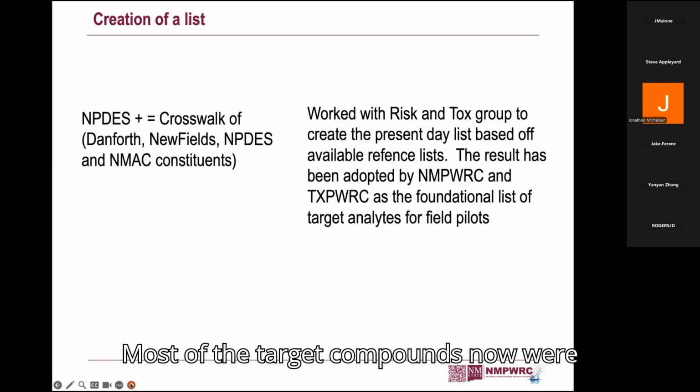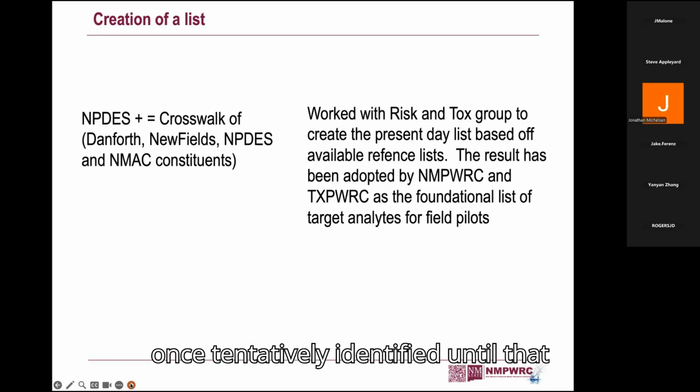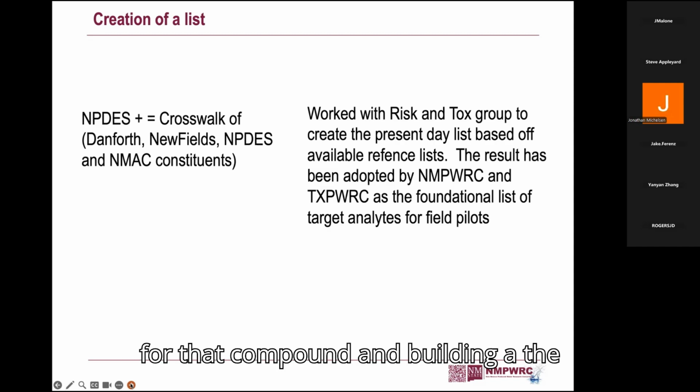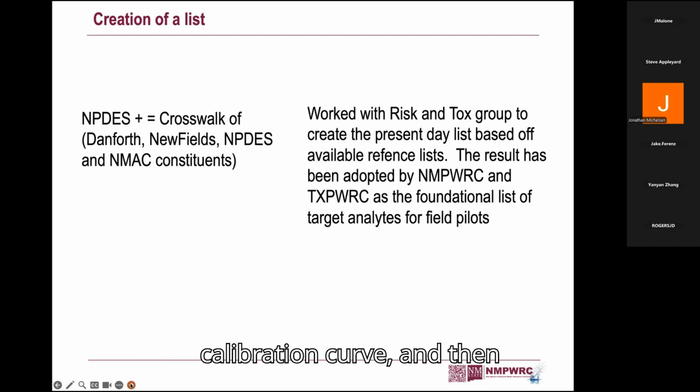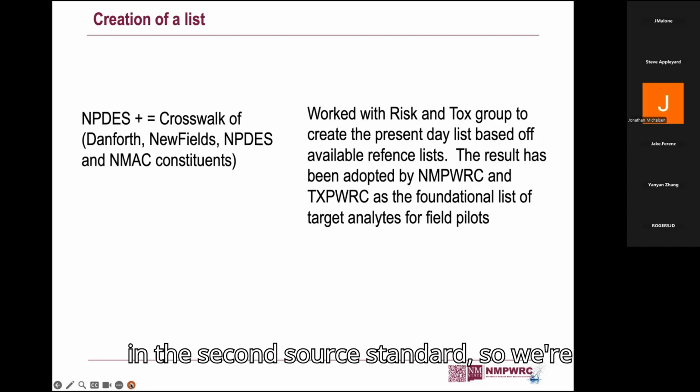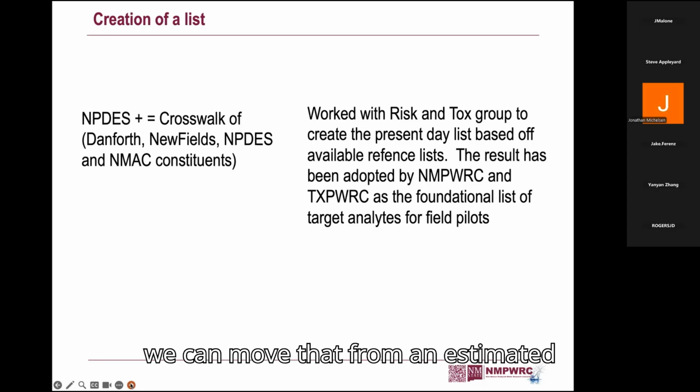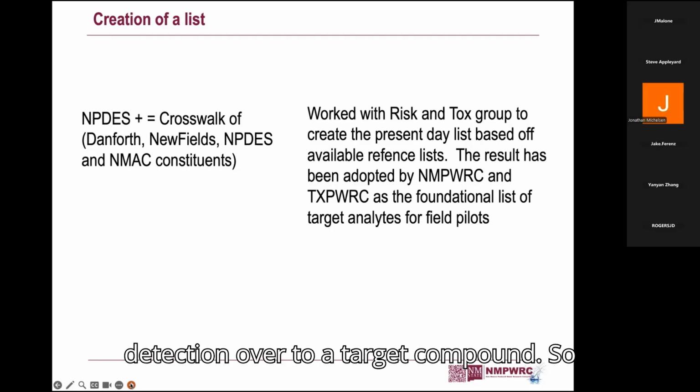Most of the target compounds now were once tentatively identified until that method was developed. And how they do that is through getting standards for that compound and building a calibration curve, and a second source standard, so we're sure of what we're seeing there. And then we can move that from an estimated detection over to a target compound.